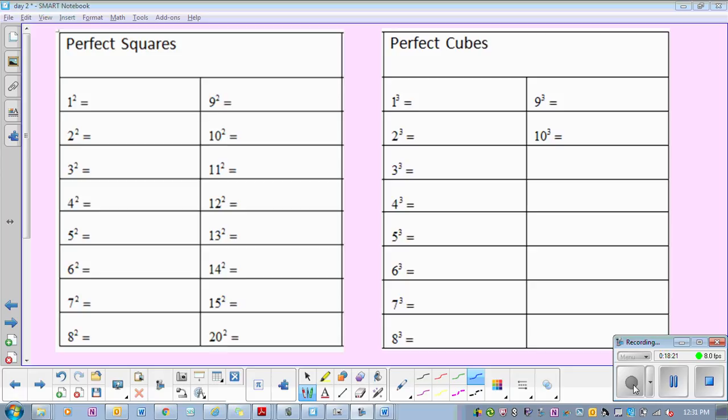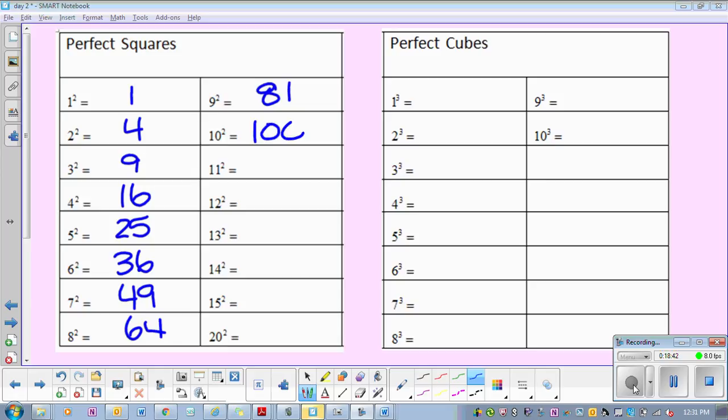What is 1 squared? 1. What's 2 squared? 4. 3 squared? 4 squared? 5 squared? 6 squared? 36. 7 squared? 49. 8 squared? 64. 9 squared? 81. 10 squared? 11 squared? 12 squared? 13 squared?